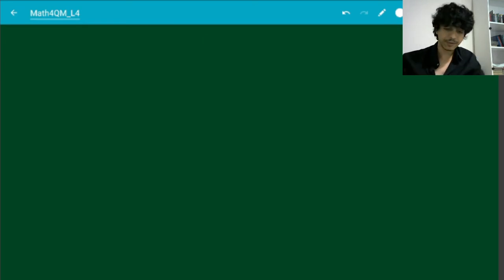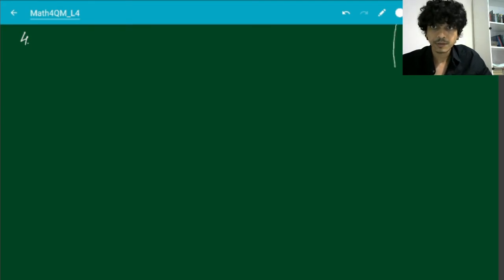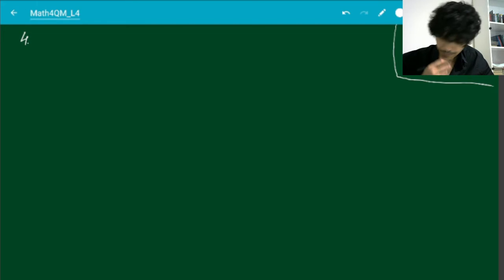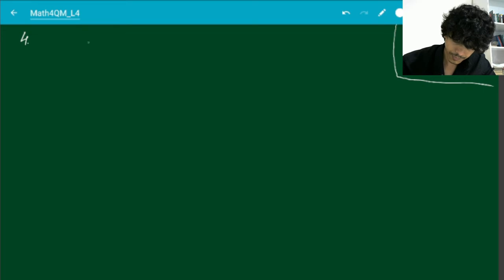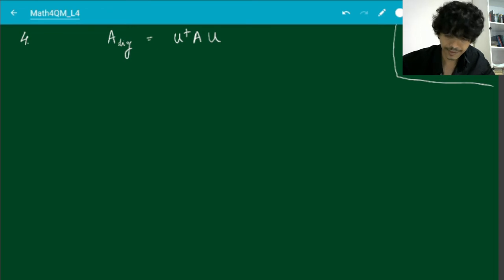The next property I want to talk about is what happens to the determinant of a matrix when you diagonalize it. If I take A diagonal, this is U dagger A U. So let's take the determinant of both sides.